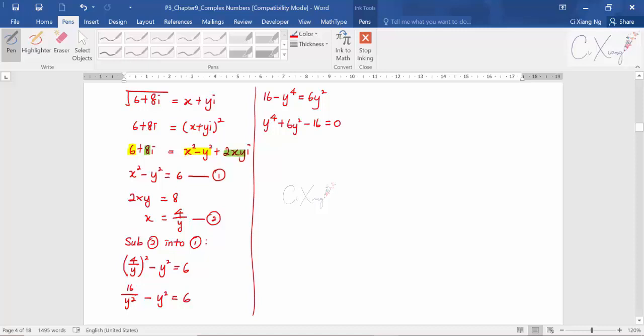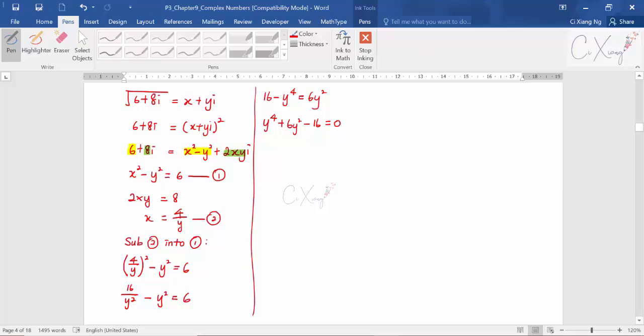This is the equation that I get. If you observe this equation, it belongs to a quadratic form equation. You can solve it by factorizing.